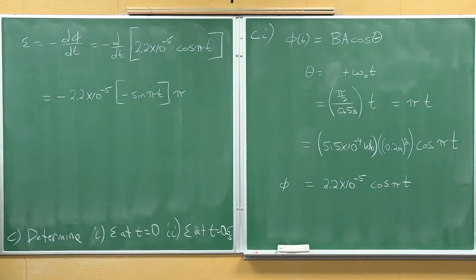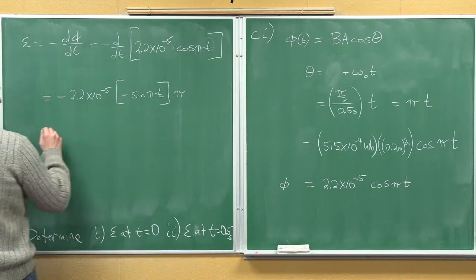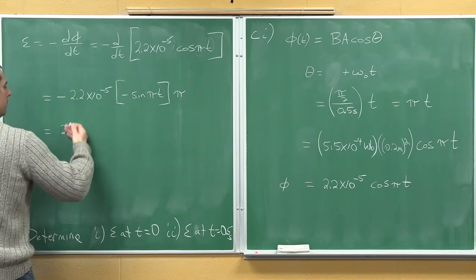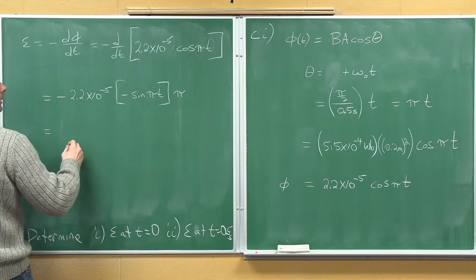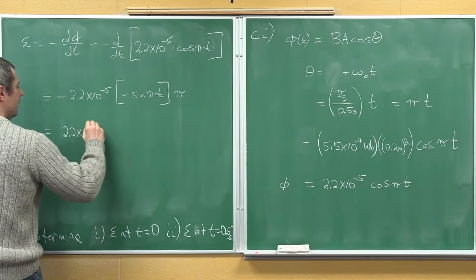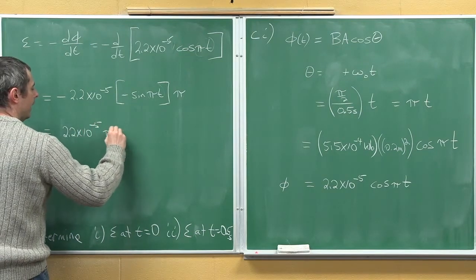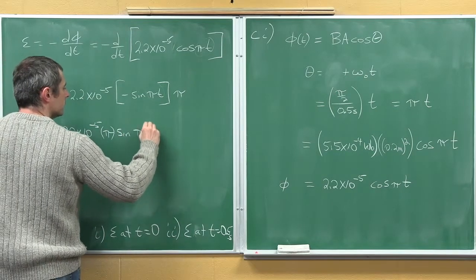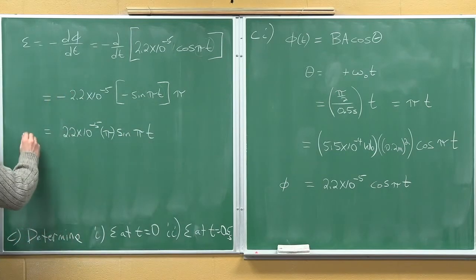And so we have an expression for the voltage, minus minus goes away, of 2.2 times 10 to the minus 5 times pi times sine. There is the EMF. The voltage is a function of time. So it oscillates as this coil is spinning around.